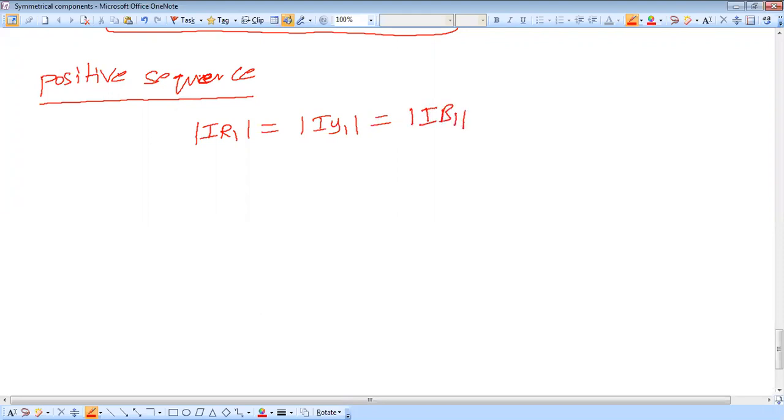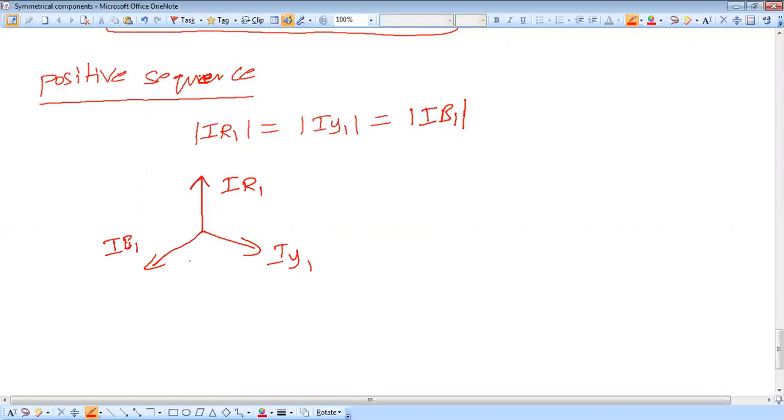Another is that each phase is displaced by 120 degrees. Now I am going to draw the vector diagram. This is IR1. This is IY1. This is IB1.